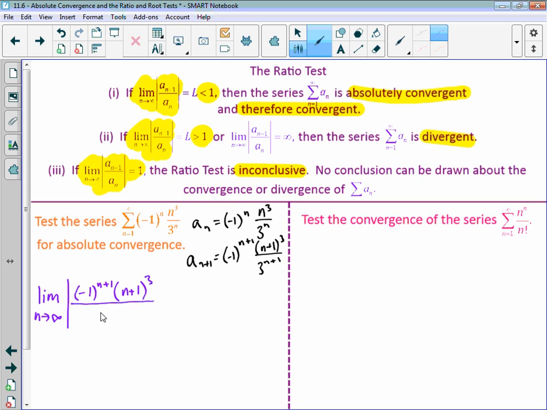Let me know if you're getting lost or have any questions here. Then we multiply by the reciprocal of this one. So this is in the numerator, so it's going to end up being in the denominator. So on the top, we just have 3 to the n. And on the bottom, we've got the -1. And then the n cubed part. So any questions on that?